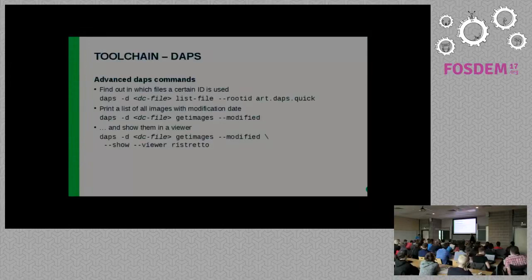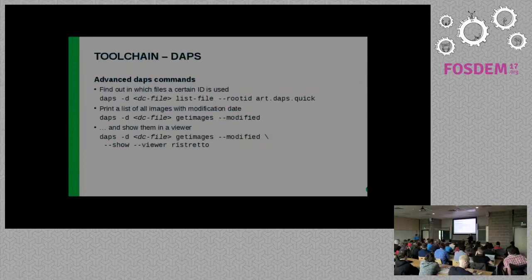Okay, here I need to explain something. The -d parameter refers to the configuration file. Every document has a configuration file where you specify the document root, the starting point. Every XML element has an XML ID, so you say from here on I start. So you give it the configuration file, and then you can say list files.